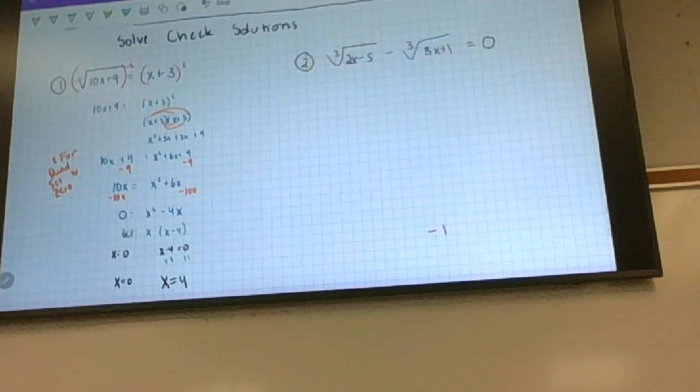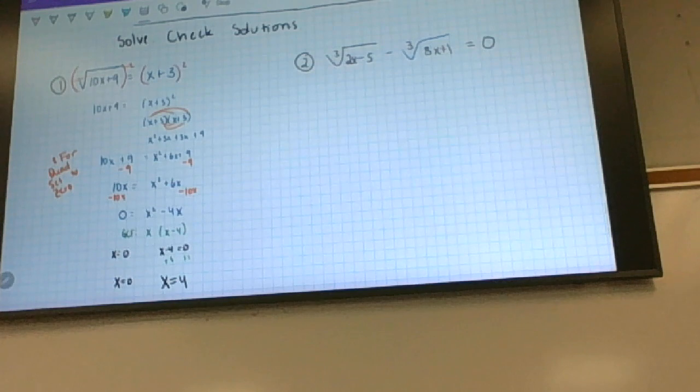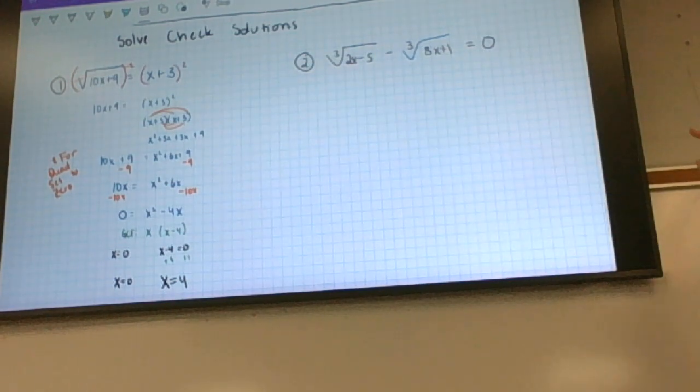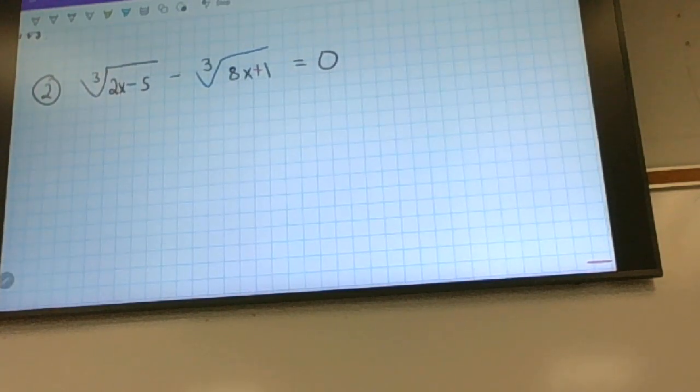Let's do number 2. Number 2 is messed up like this because of the minus sign. I'm actually gonna move a whole radical to the other side of the line. And that's okay, you're allowed to do that. I'm gonna add the cube root of 8x plus 1 to the other side.